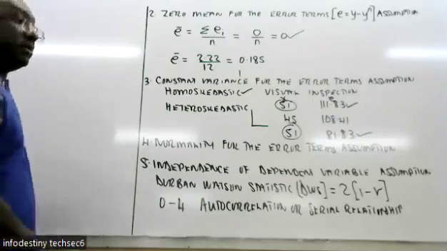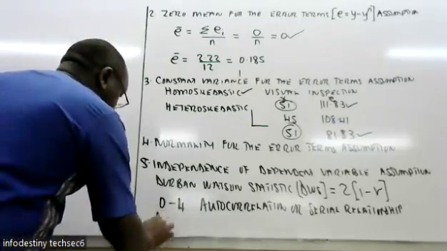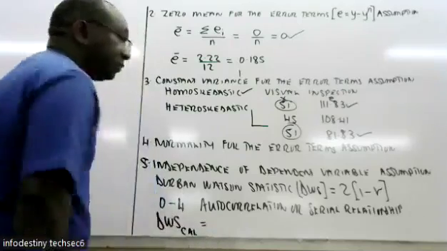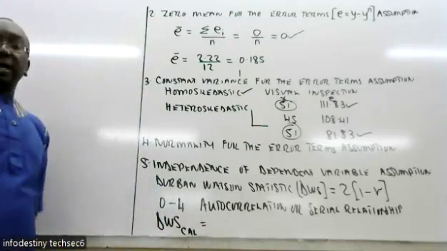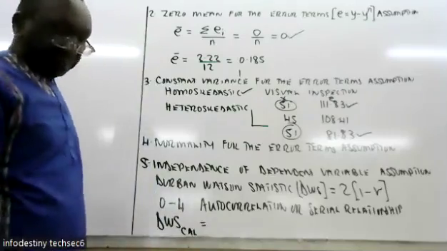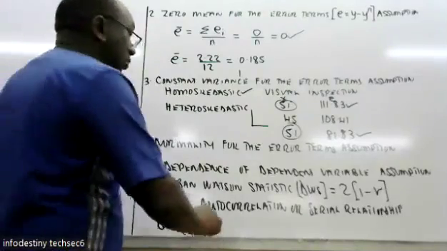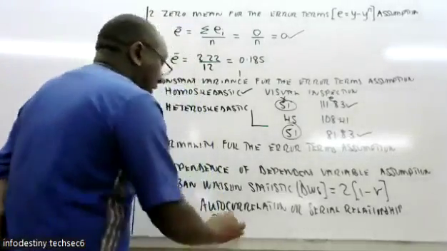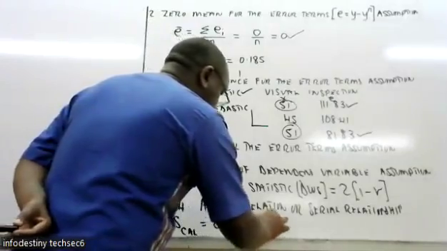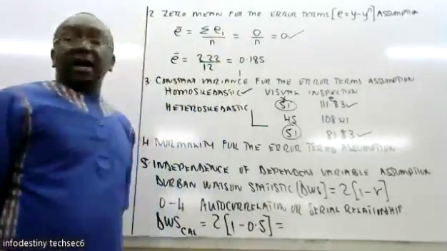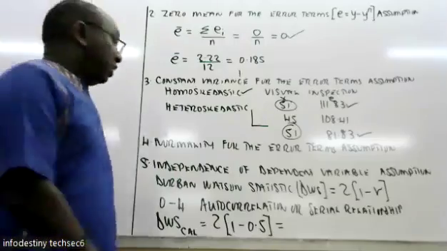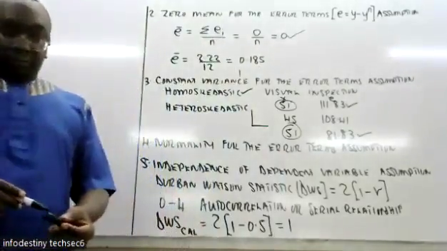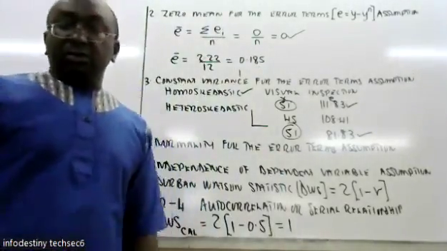For the above case, DWS calculated is equal to 2(1 minus 0.5), I think we got 0.5. That was our value of R. So this then gives you 1.